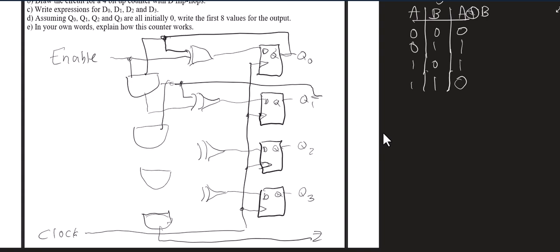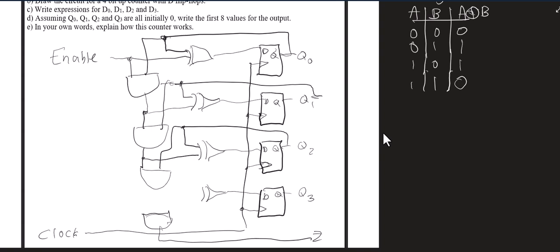Okay, and the second input for this next AND gate is the output from the AND gate above it. Now the output from this AND gate is going to go to the next AND gate. It's also going to go to this exclusive OR, and like before, this is going to come back around and be an input into the exclusive OR, and it will be the other input into that AND gate.